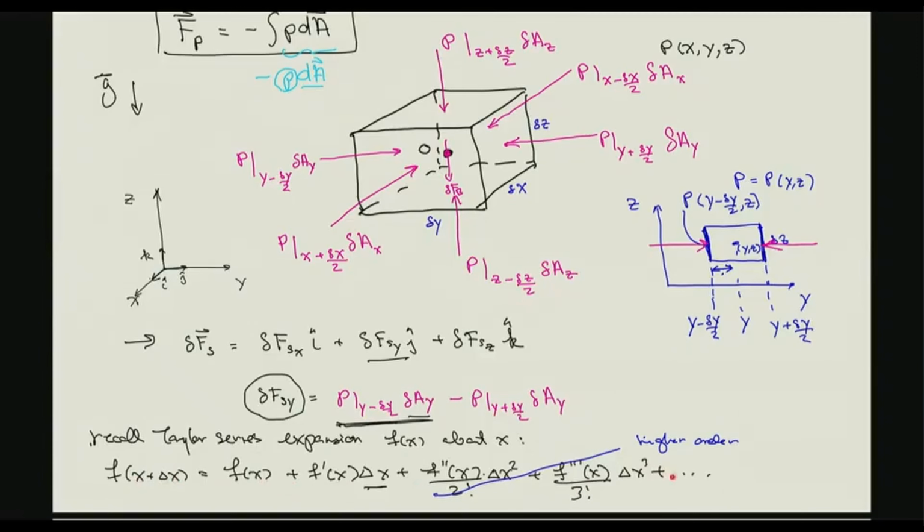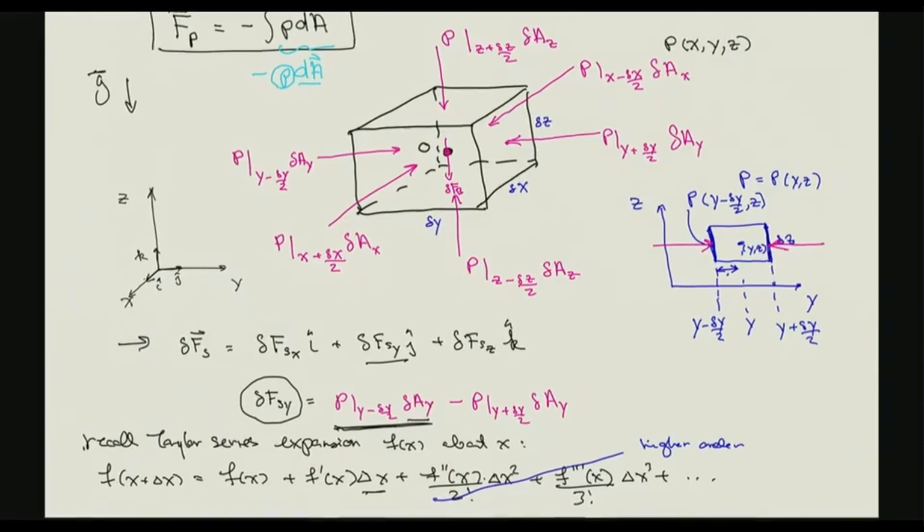So recall that this is Taylor series expansion. This is the first derivative of f, the second derivative, and so on. Now, these are higher order terms, which we're going to neglect, so we can evaluate this pressure at this location using Taylor series expansion, these terms.